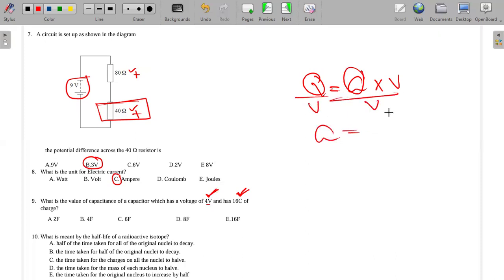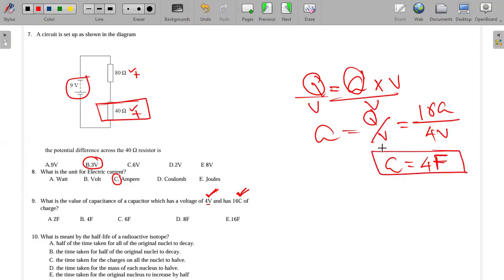That means capacitance will be equal to Q divided by V. So our Q is 16 coulombs divided by our voltage, which is 4 volts. That means my capacitance will be equal to 4 farads, which is option B. So option B is the correct answer.